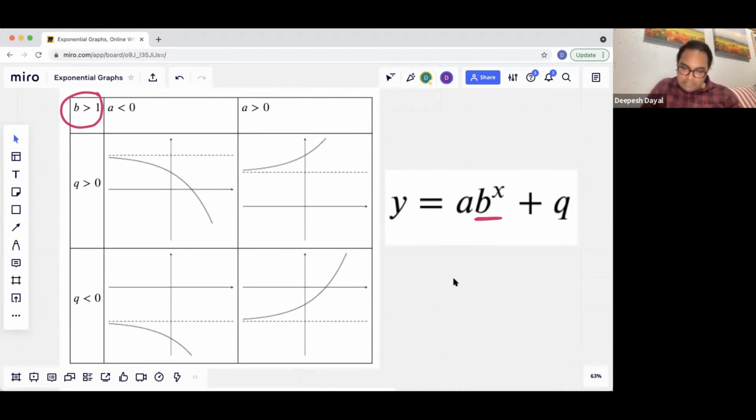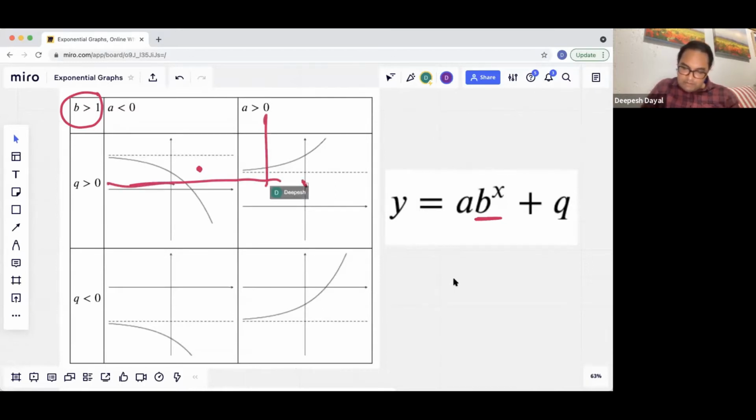So this is how it works. b greater than 1, then we have a less than 0, and q greater than 0. Then we have this graph here. All these 4 represent when b is greater than 1. When a is greater than 0 and q is greater than 0, we have this graph here.